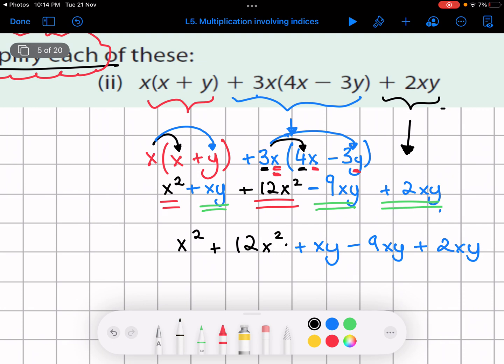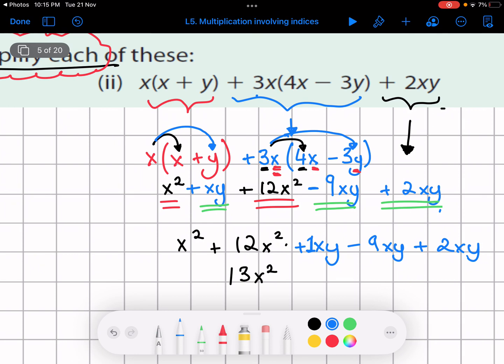So let's add the like terms together. x squared plus 12x squared. So if I have 12 of something and I add an additional 1, I'll have 13x squared. Here we have plus xy, which is the same as writing plus 1xy, minus 9xy plus 2xy.